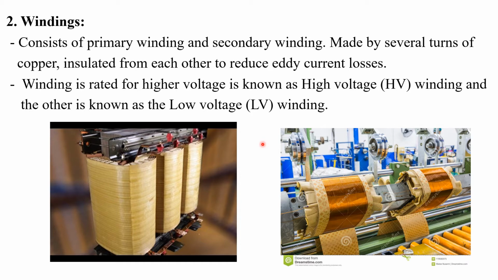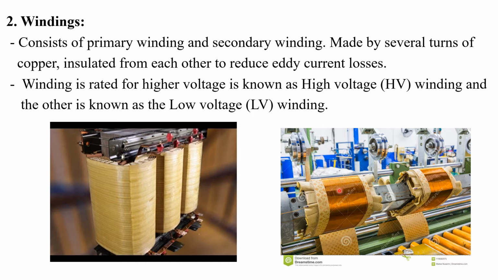If the voltage across the winding is higher relative to its current rating, then it is the high voltage winding, and otherwise the winding will be a low voltage winding. If the high voltage winding is provided at the primary side of the transformer, then automatically the low voltage winding will be on the secondary side, and such a transformer is a step down transformer.